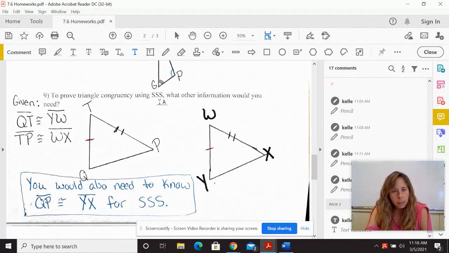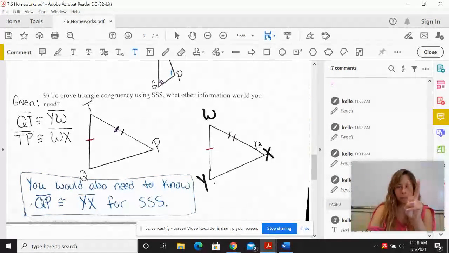Well, side, side, side means 3 congruent sides. So I know this side is congruent to that side. So that's 1 congruent side. TP is congruent to WX. That's another congruent side. So that's 2. But I need to know 3.